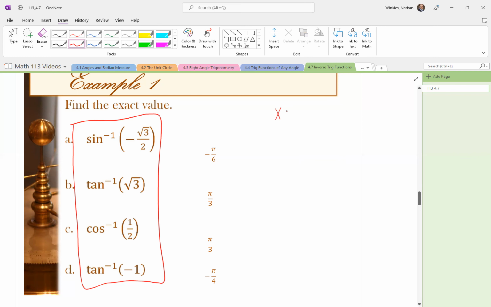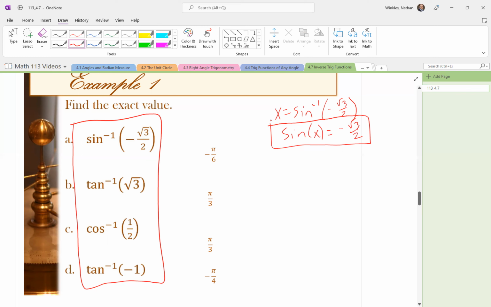If I said that x equals inverse sine of negative root 3 over 2, then that would mean that sine of x is equal to negative root 3 over 2. So the question is, where is this true? Well, negative root 3 over 2 is going to be where?